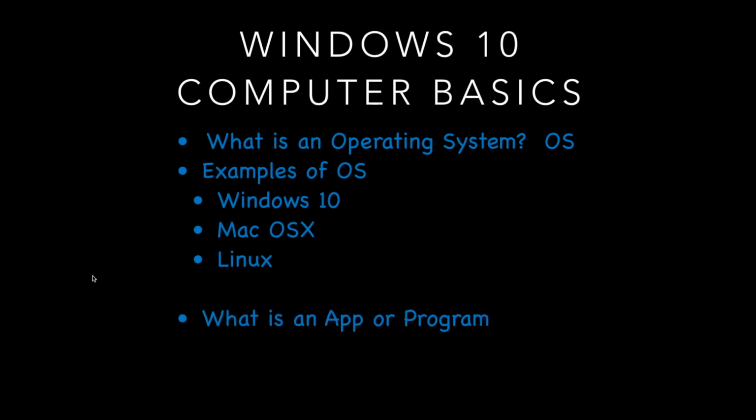We're going to be talking about what an app or a program is, so those two words can be used interchangeably. I think a lot of people are familiar with the word app, which is short for application. Most people have a tablet, an iPad, or a smartphone, and primarily when you have a device like that, you would put an app on it.